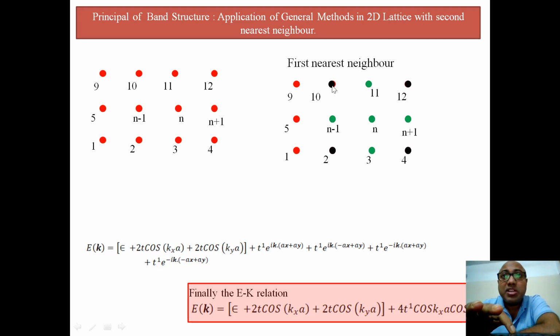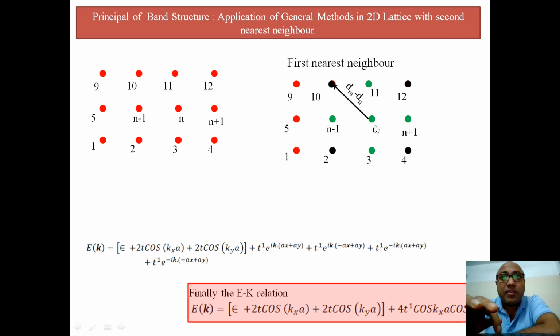Now I have to consider the other atoms as well, like atom number 10, atom number 12, atom number 4. So how to calculate these? We have to calculate the distance from dn to dm.